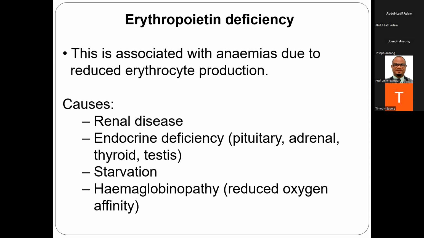When hormones are reduced, they do not travel to the tissues. Starvation: there are components synthesized in the kidney, so you still need nutrients to synthesize them. And in hemoglobinopathy, there is reduced affinity.